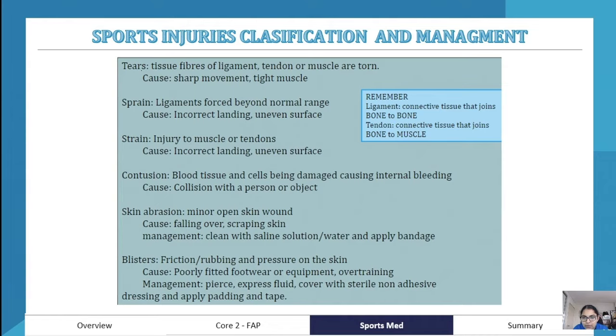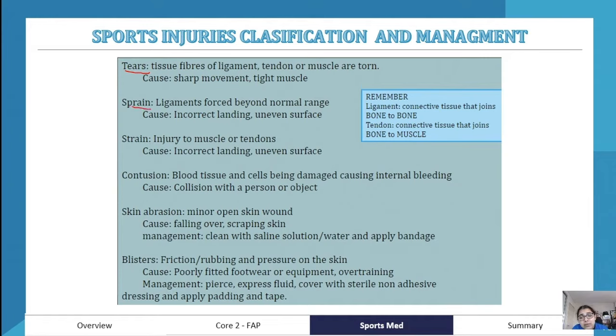Okay, so we've got tears, where tissue fibers of ligaments, tendons, or muscle are torn. Remember, it's any of the three, that's a T, and the cause can be a sharp movement or tight muscle. For example, if you pull a hamstring, it could be because of a sharp movement, not enough warm up, and that results in a tight muscle.